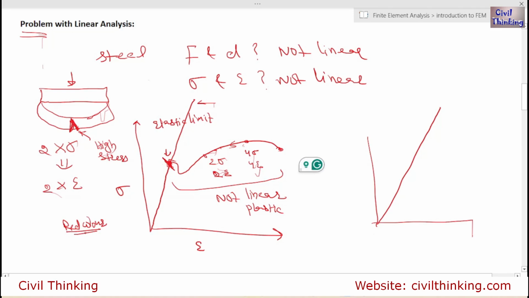So what happens when you do the same analysis in the laboratory? You will see a real crack, right? You will see the body has failed. But in ANSYS or in any FEM analysis, since you have kept the analysis linear, there will be no crack. Instead of a crack, there will be a red color, intense stress.